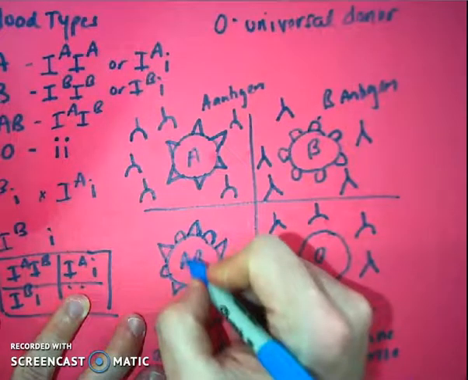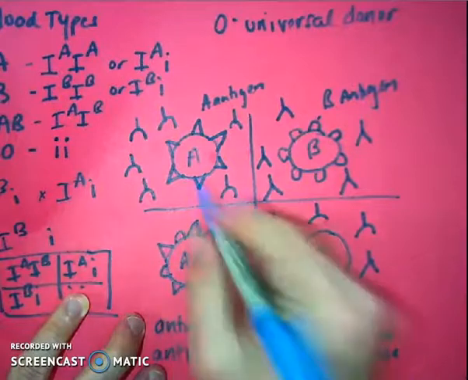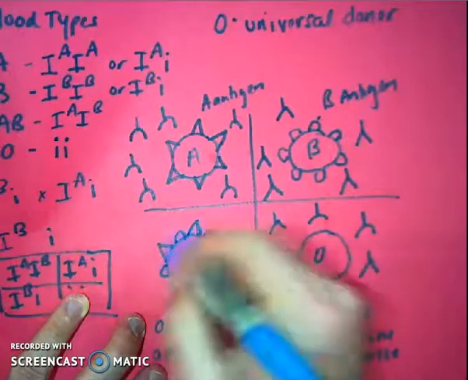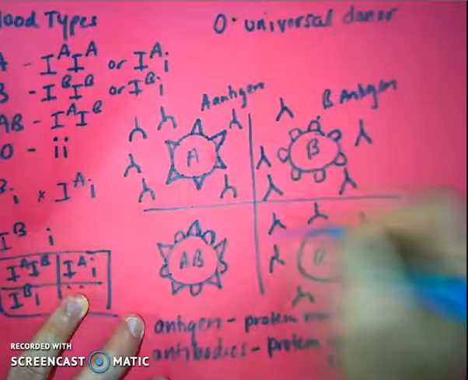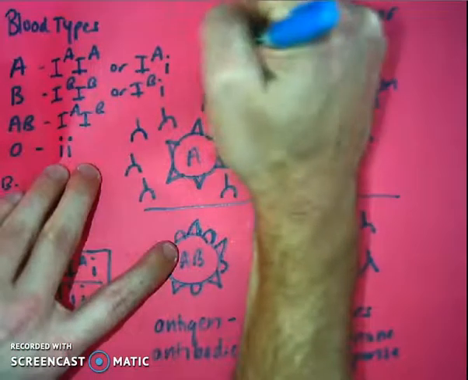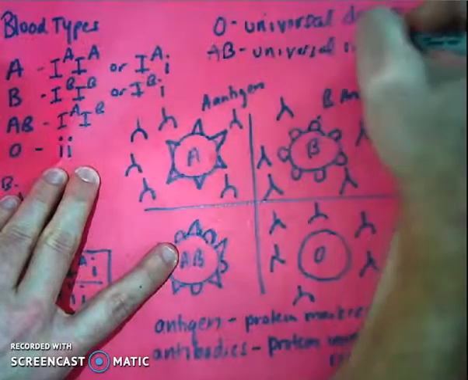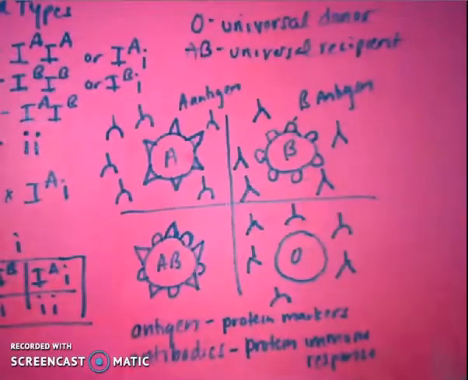So the AB person kind of has to stay here. That would mean that the AB can't donate to anybody. But on the flip side, since there is no immune system surrounding, there's no proteins around it, it's going to allow everything in. So that's why AB is the universal recipient. Okay? So that gives you a little background.